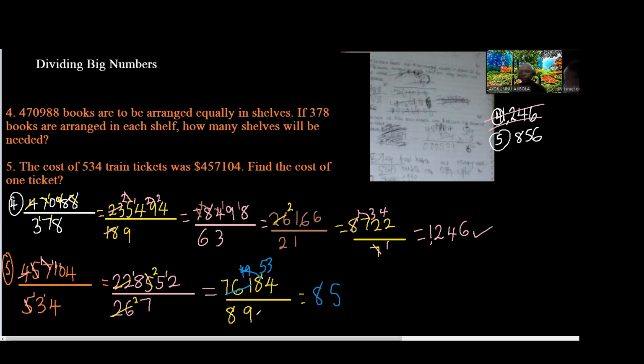So 534, how many 89? That'll be 6, and it doesn't remain anything. So that is the way to divide this, and that will be the cost, which is dollars $856. So write down the two solutions, then I'll give you some questions to attend to, okay?